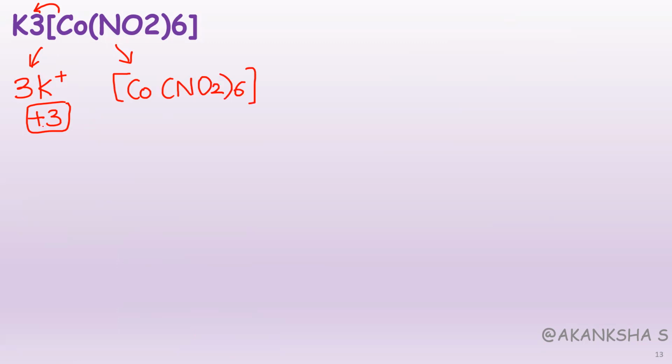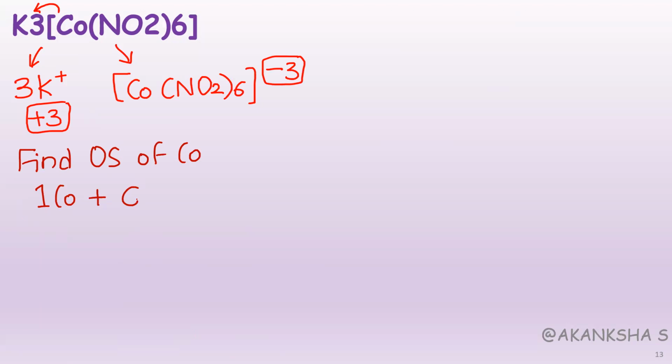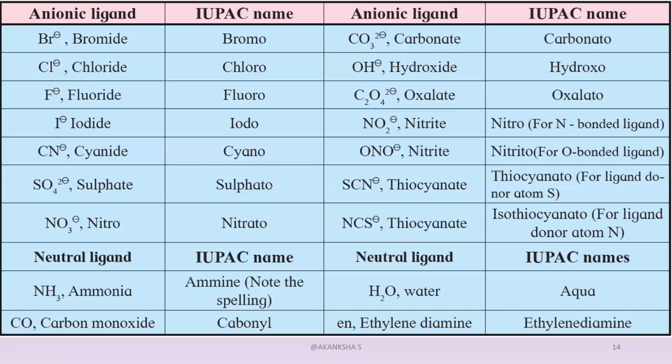We know if it's +3 before the complex, after the complex it is going to be -3. So step number 1 being find the oxidation state of cobalt. We have 1 cobalt plus 6 times ligand NO2 and outside charges -3.